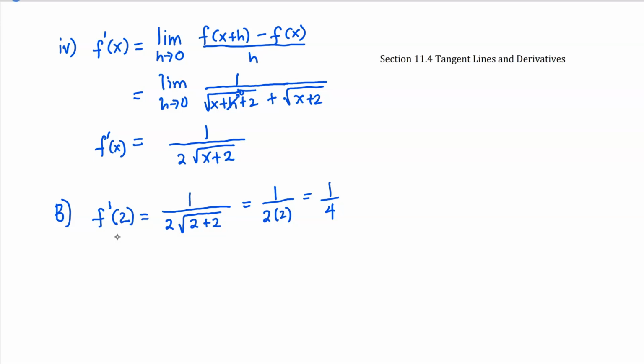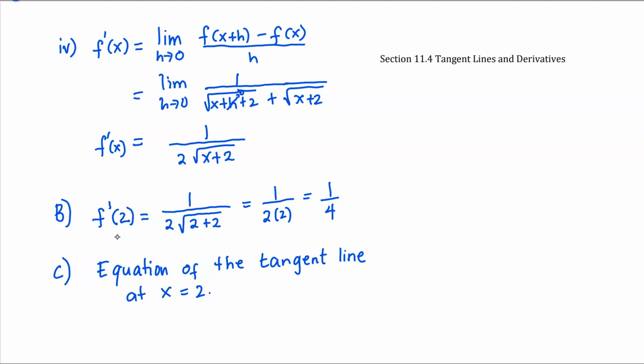So for letter C, if we want to find the equation of the tangent line at x equals 2, we will use the slope we obtained in part B for the equation of the tangent line.